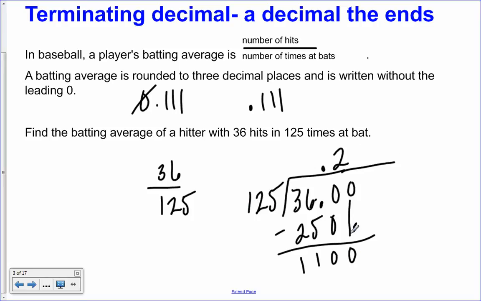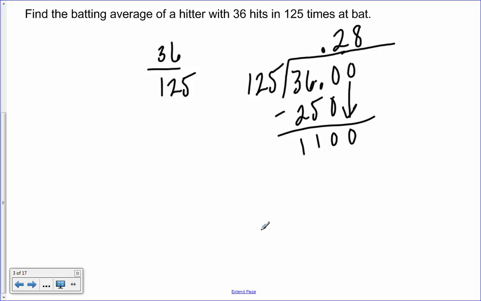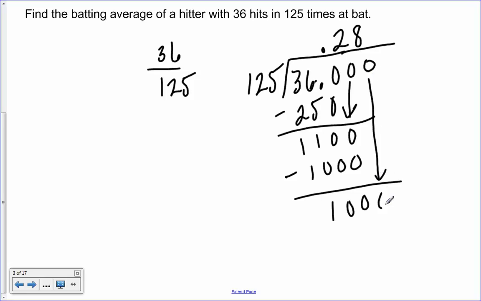So how many times does 125 go into 1,100? Again, use your calculator. We'll see it goes in 8 times. So 8 times 125 is 1,000. Subtract, 100, and one last time I need to annex the 0 and bring down another.